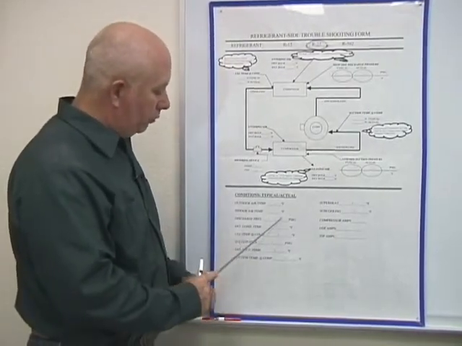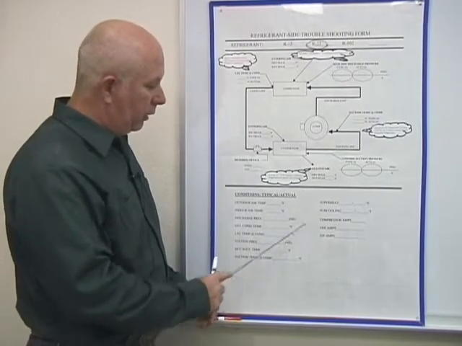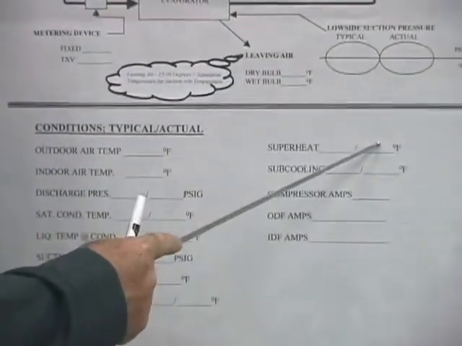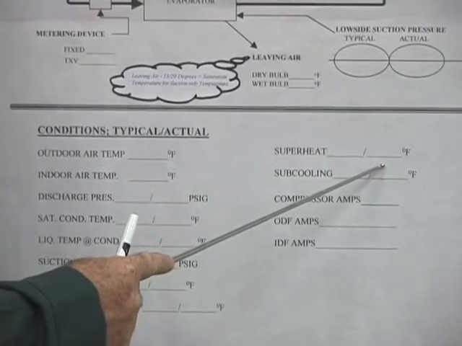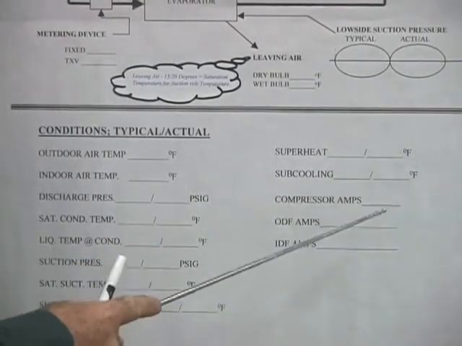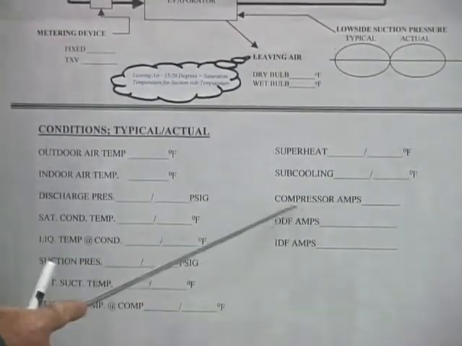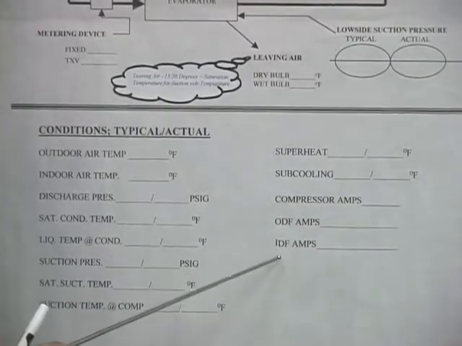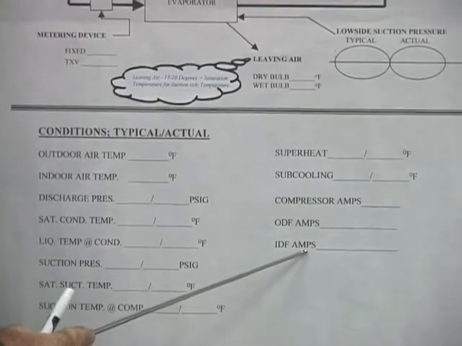Then we've already discussed all of the other readings, and by now you should already know how to get your superheat and subcooling, but we will go over that again for reminders. You're also going to need to know your compressor amps, your outdoor fan motor amps, and your indoor fan motor amps.